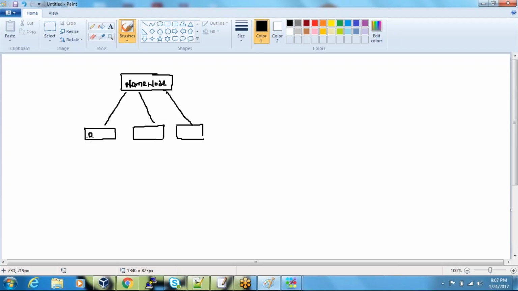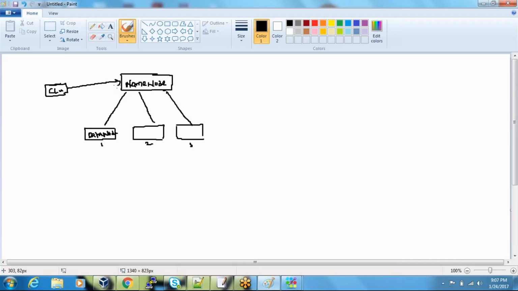Those machines that store the data are called data nodes. Let's say it's 1, 2, and 3, and you have something called a client here. We'll be talking to this guy.